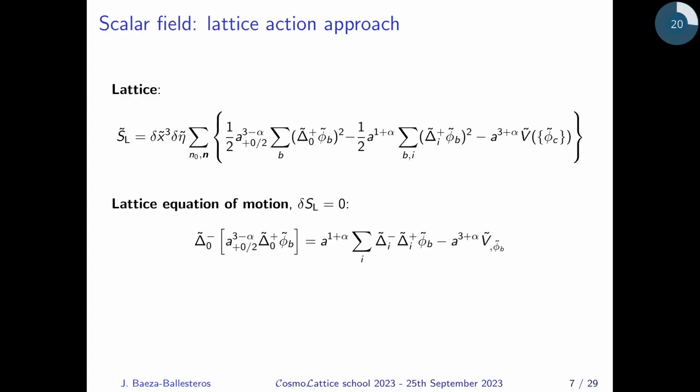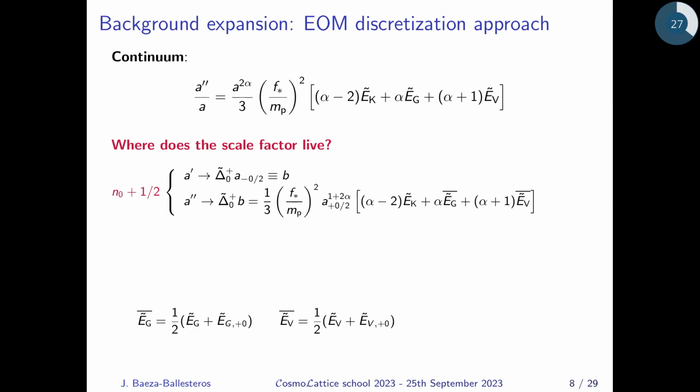Then when we go to write in the lattice the Friedmann equation, and we choose the scale factor to live at semi-integer times, we need to write the gradient and the potential terms also at semi-integer times. And the way in which we do it is by averaging the values at some integer time and at the following time step. Is that well understood?